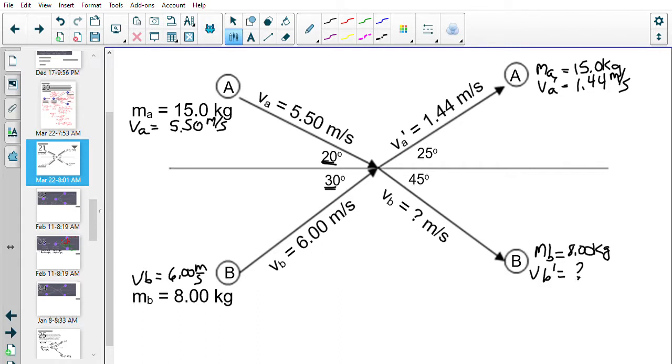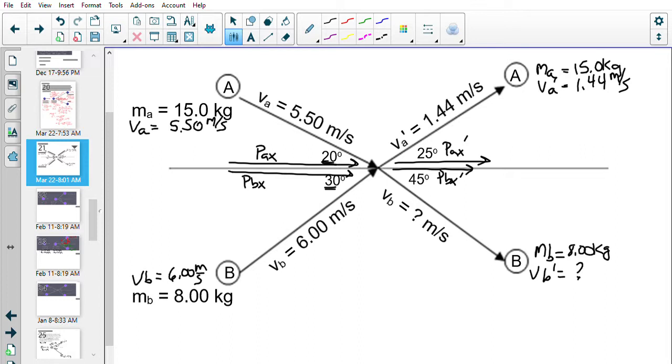So we're going to be doing something very similar to the last question. We're going to try and figure out the PAx here. We're going to figure out the PBx here, and because we know that the two of them added up have to equal the sum of PAx prime and PBx prime, the two x's before have to be equal to the two x's after.